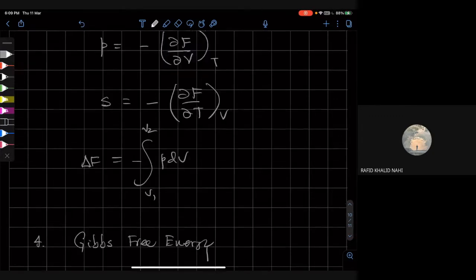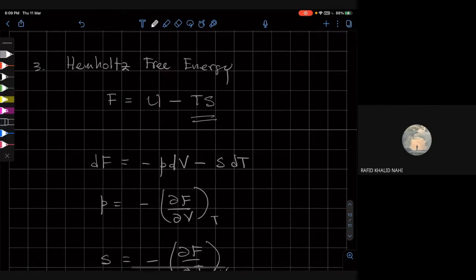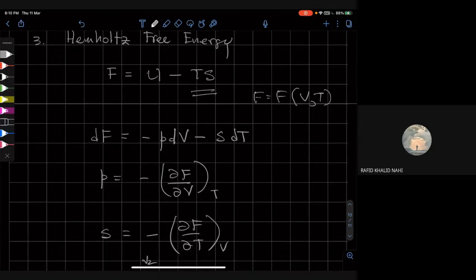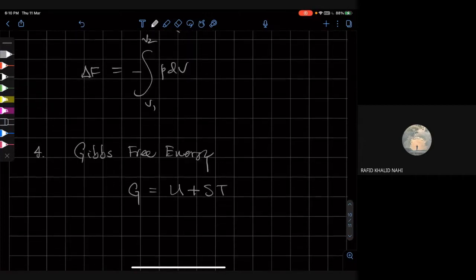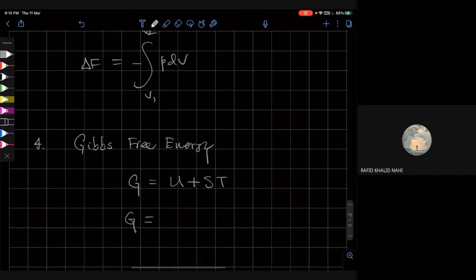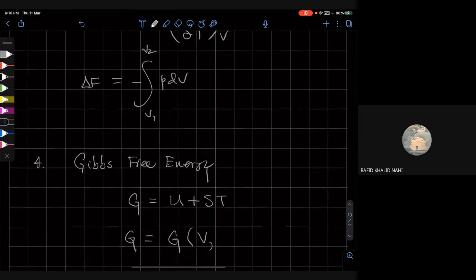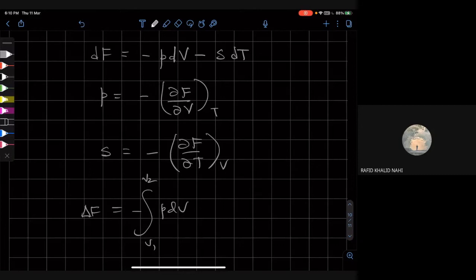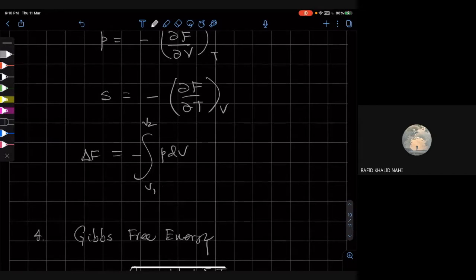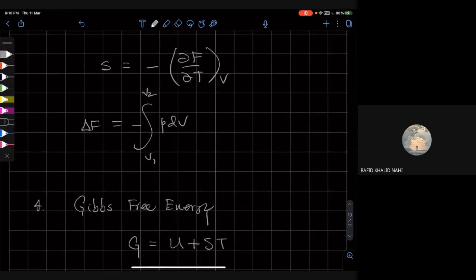So over here, by doing minus, what did we get? We got F to be a function of V and T, right? So over here, by adding ST, we got a function which is, well, it's still a function of V and T, actually. Is that? I think I made a mistake.